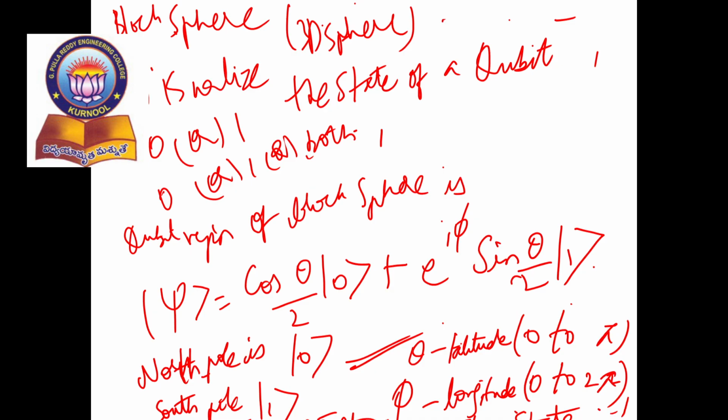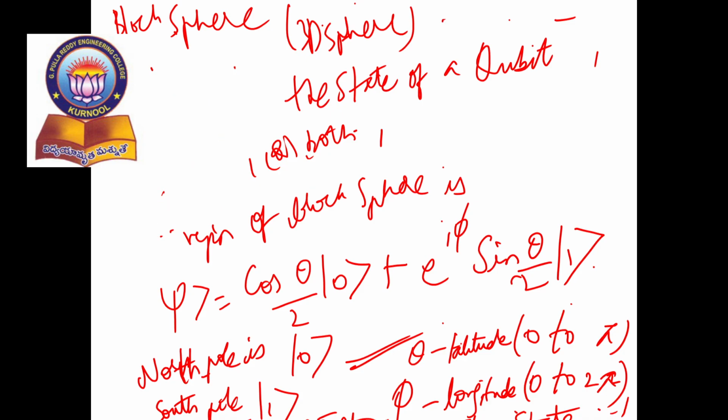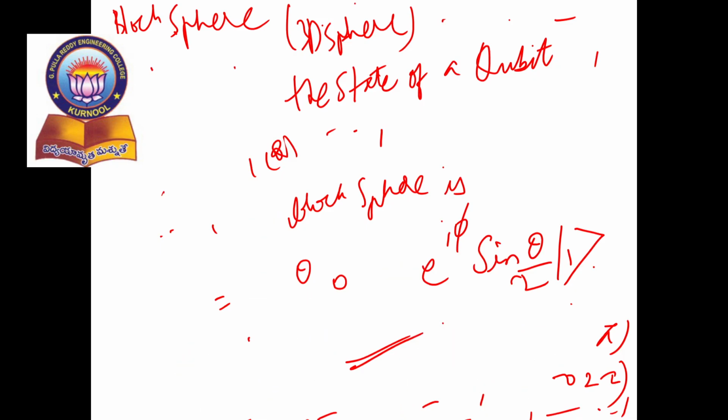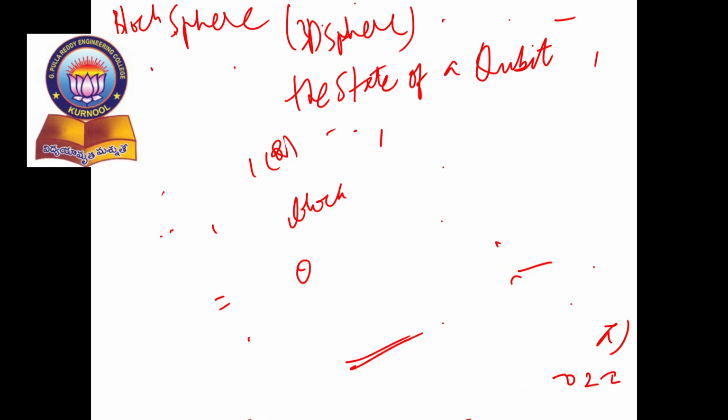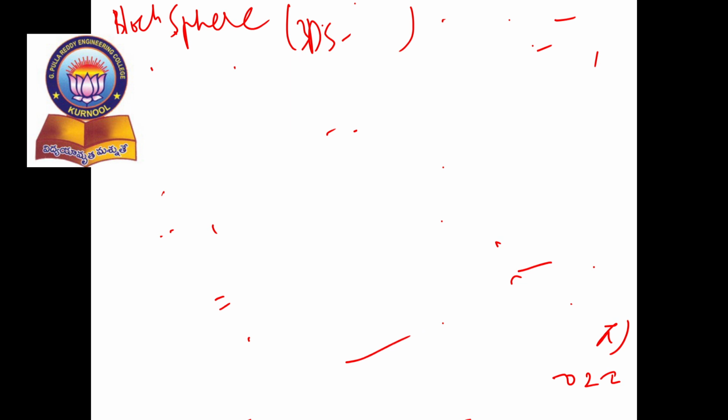So Bloch sphere is nothing but the 3D representation of the state of a single qubit. So where we can represent the possible states of the qubit. So we know that a qubit only contains the 0 state and also the 1 state, that is 0 state or 1 state.